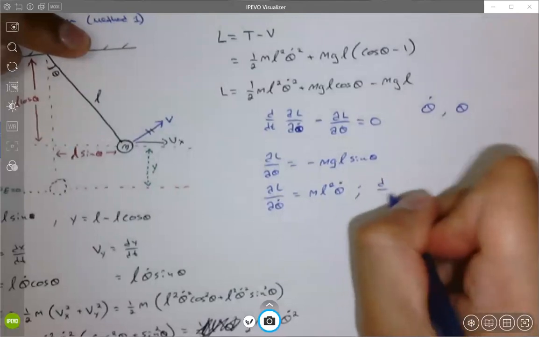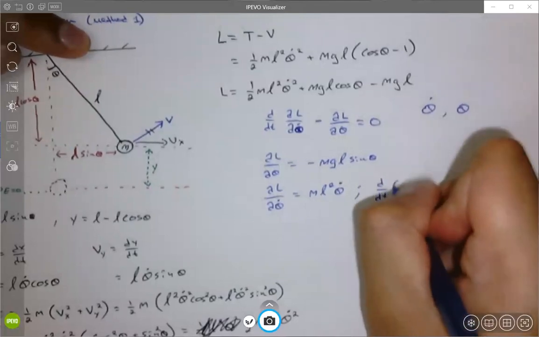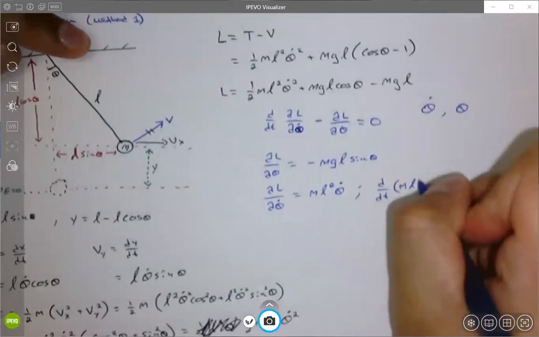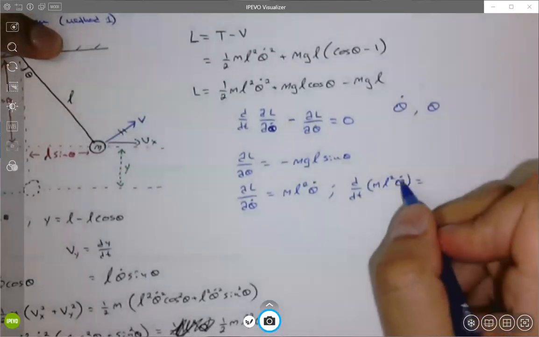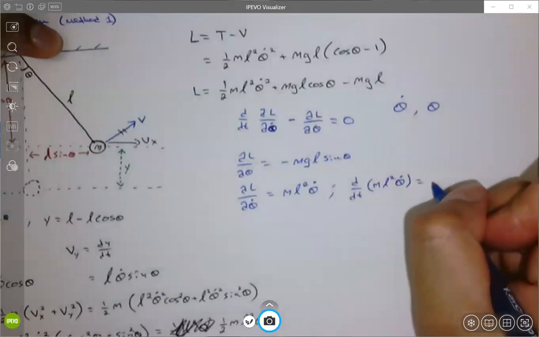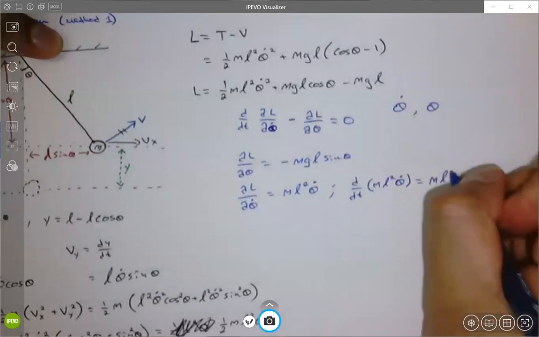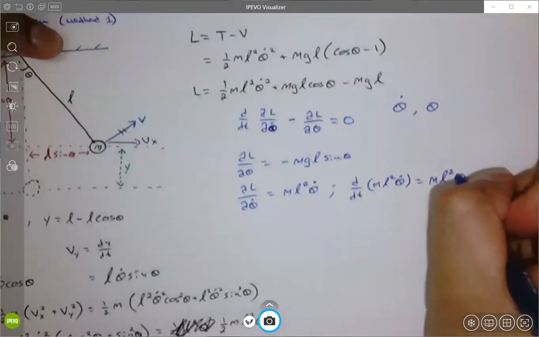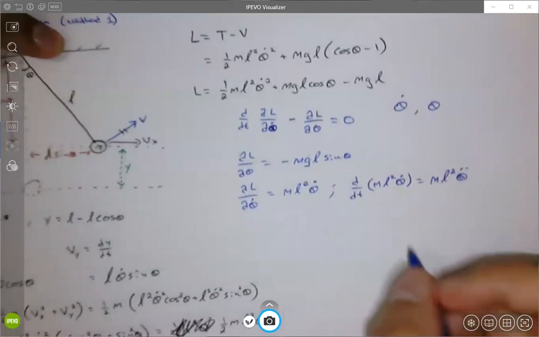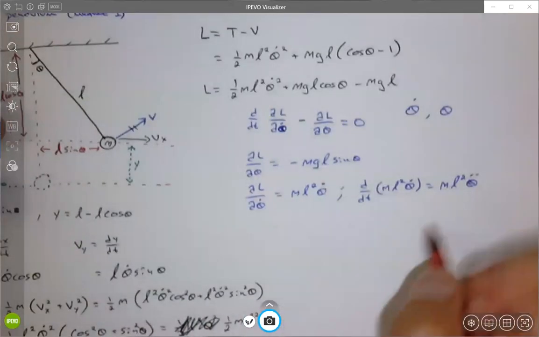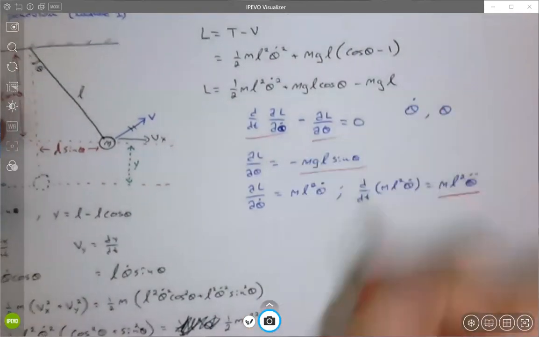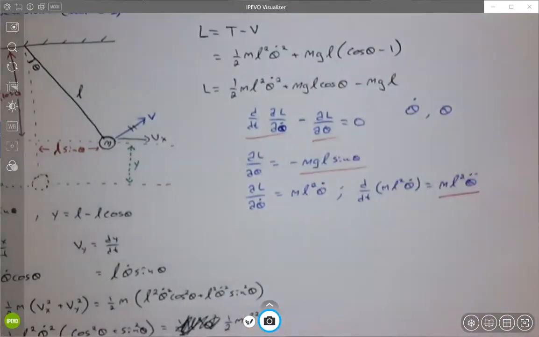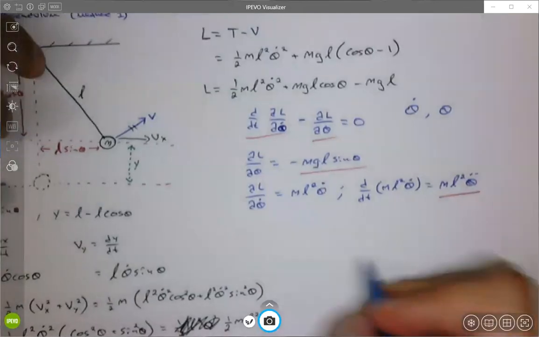So d/dt of ml squared theta dot, you just take the derivative of that with respect to time, and that's going to be ml squared theta double dot. So we have our two terms. Here is here, and this is that. So just do the quick substitution, and we're good to go.